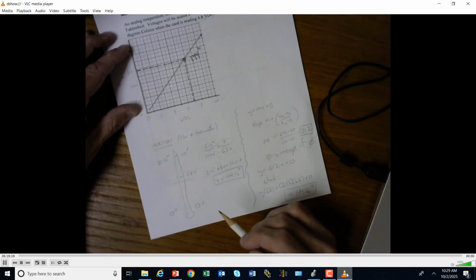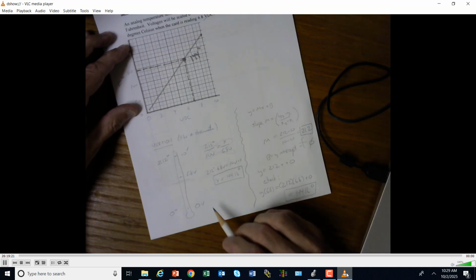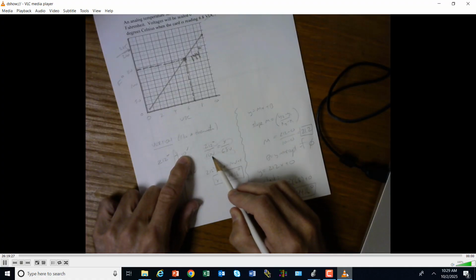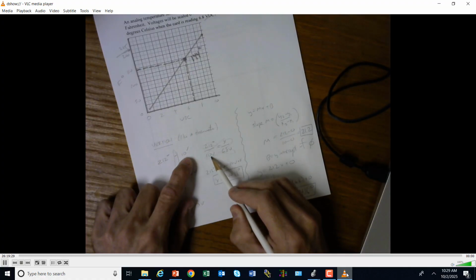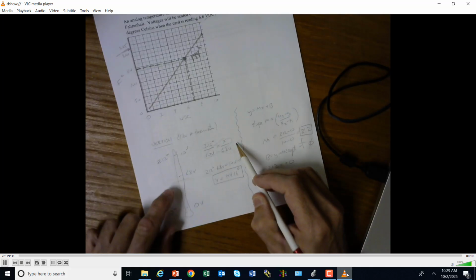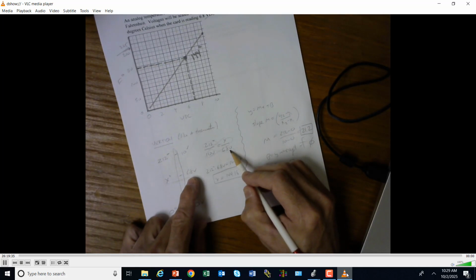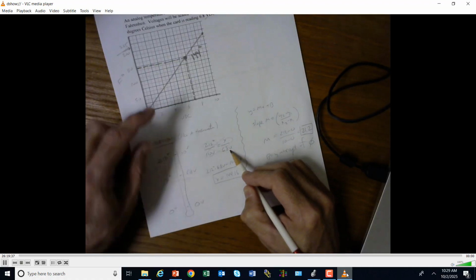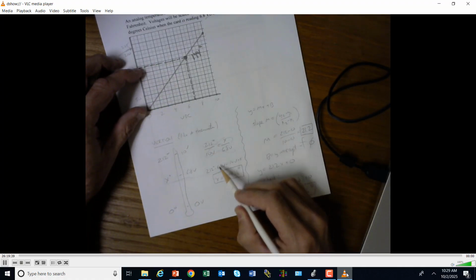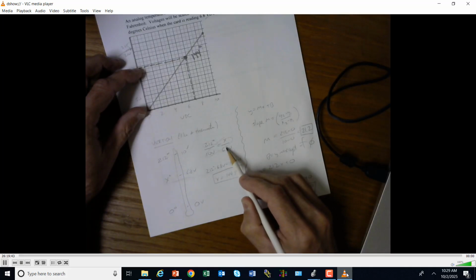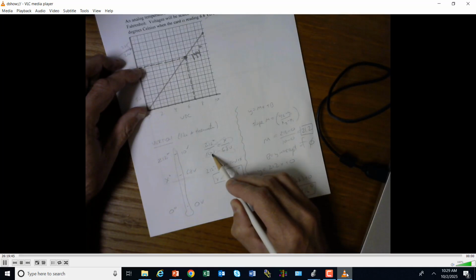But what is it? Well, you can just create a ratio here because it's linear. 212 degrees is to 10 volts. That's my ratio. 212 is to 10 as x degrees is to 6.8 volts. Okay? You can cross multiply. So 212 times 6.8 equals 10 volts times x.